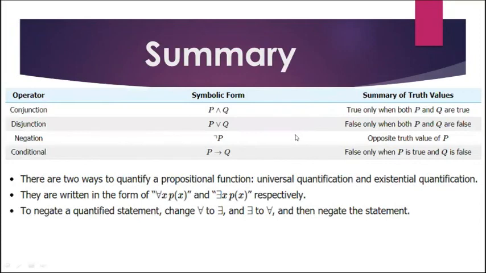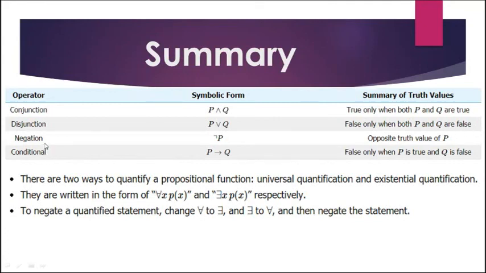So this is our summary. Operator, conjunction, the AND statement. This is the symbol. True only when both P and Q are true. Next, disjunction, P or Q. False only when both P and Q are false.